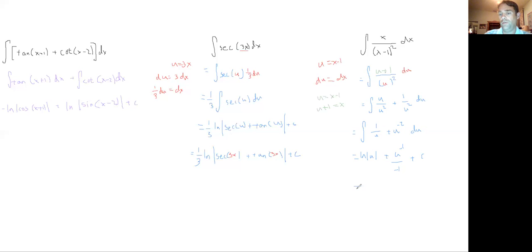So then natural log of u minus u to the negative 1 plus c. So we can plug everything back in there. u was x minus 1, so we can plug that in here, and then a little x minus 1 here. There we go.